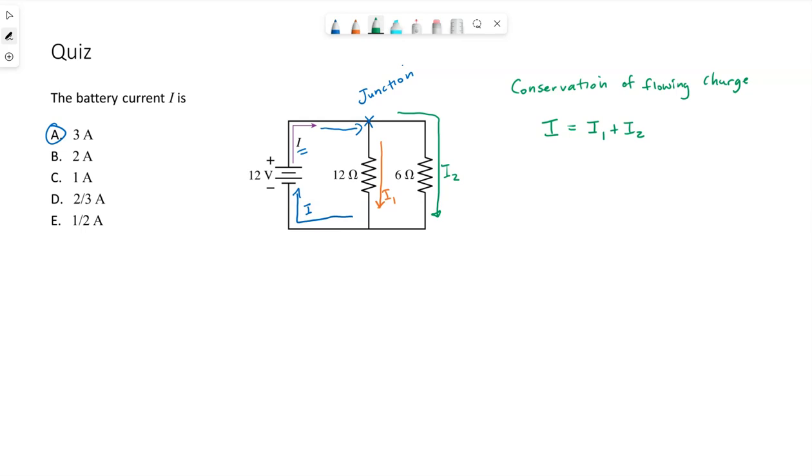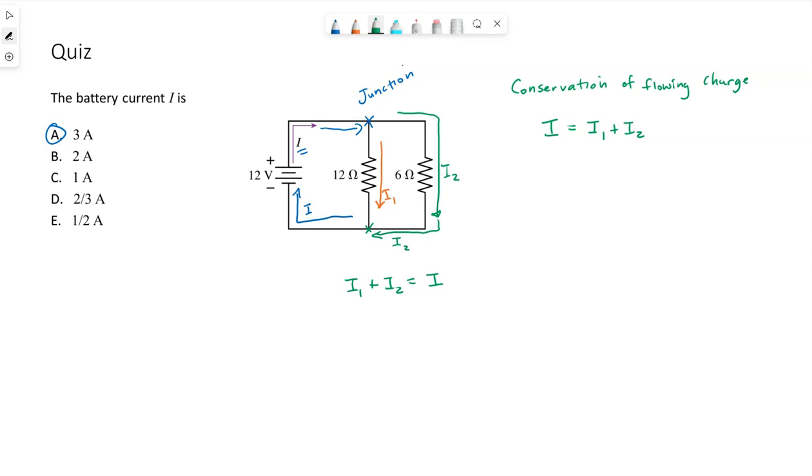Now notice down here, I1 and I2 come back to a junction. Here they are both coming towards the junction, and they combine back together to become I, the battery current. This is a junction rule, is what we call it. It has to do with the conservation of charge. Whatever charge is moving must continue moving.